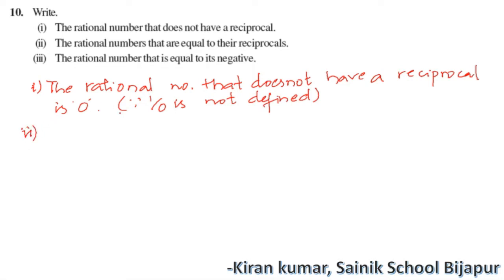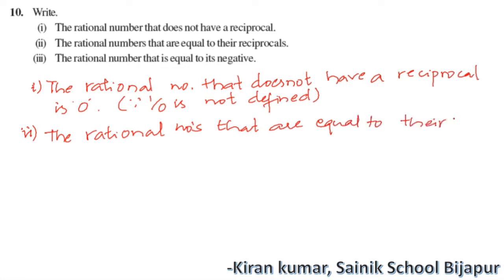Second question, the rational numbers that are equal to their reciprocal. They are 1 and minus 1.